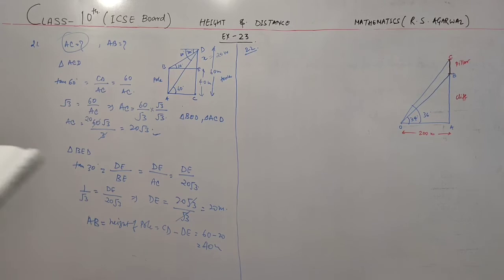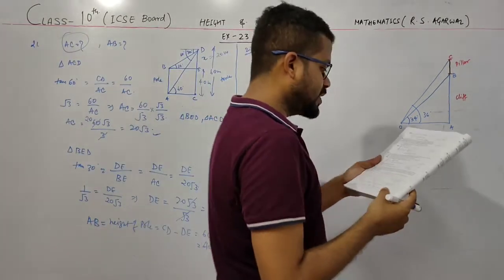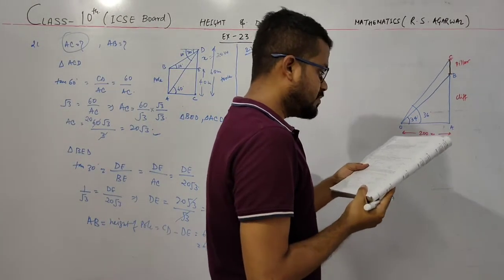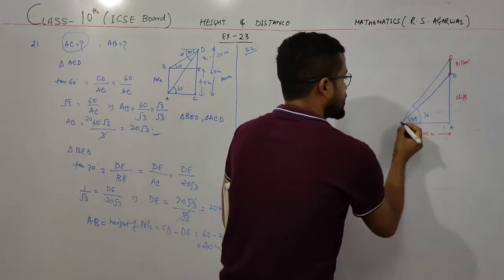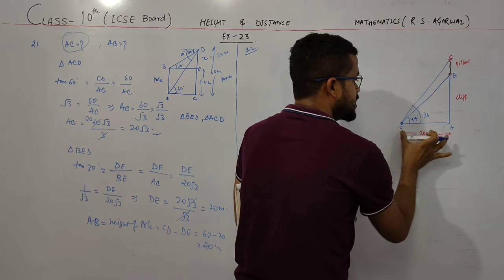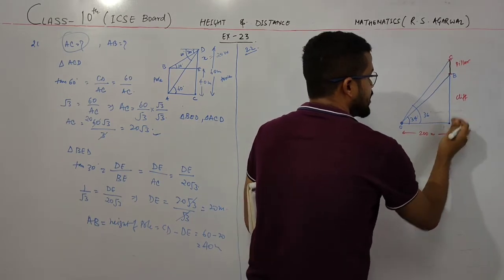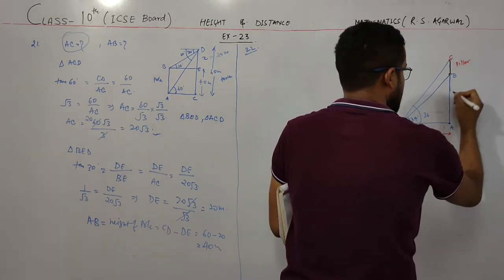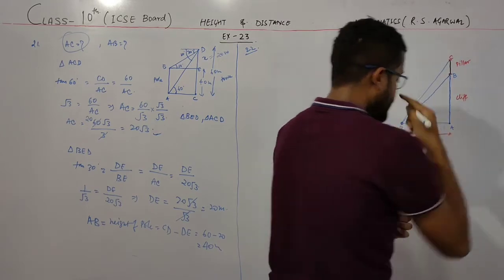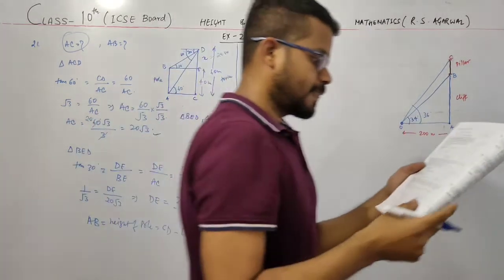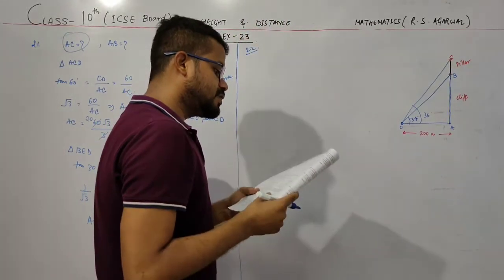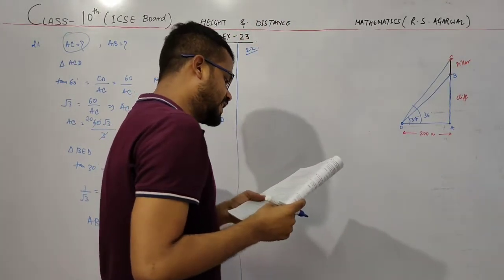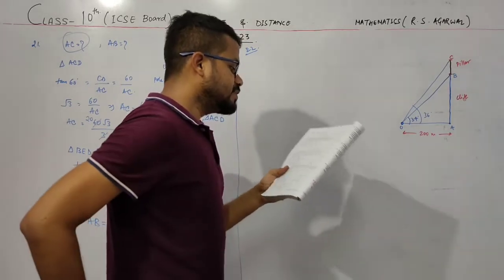Question number 22 is: from a boat 200 meters away from a vertical cliff. Here this is the boat, which is 200 meters away from this vertical cliff.